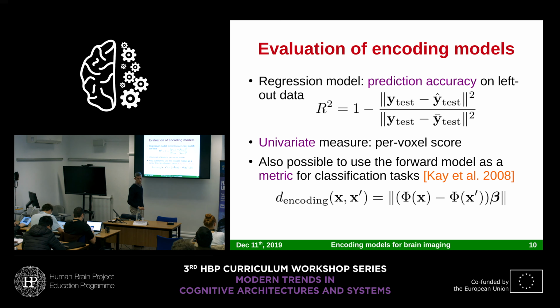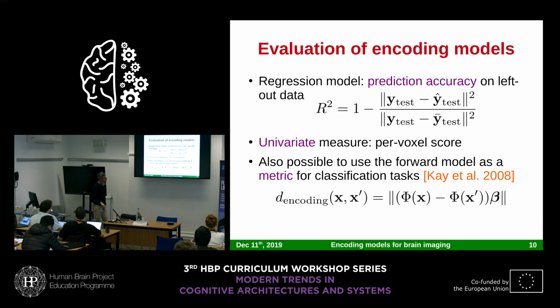If it's 0, it means basically that you have learned nothing. You are not doing any better than just predicting the mean of the test set. So you haven't learned the variations in your signal. And if it's a very good model, it gets close to 1, because if it's very good, this goes to 0, so the R square goes to 1. Okay?